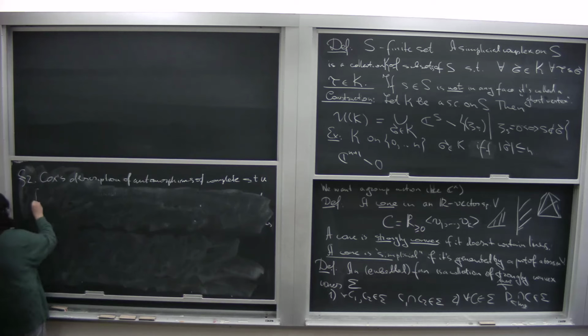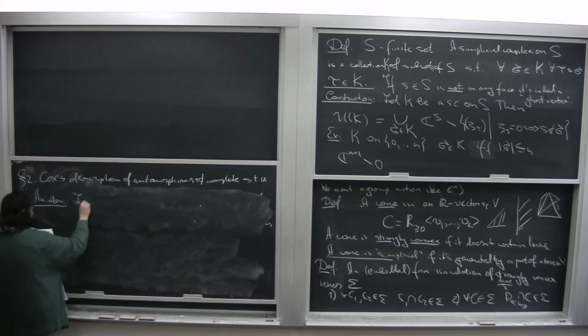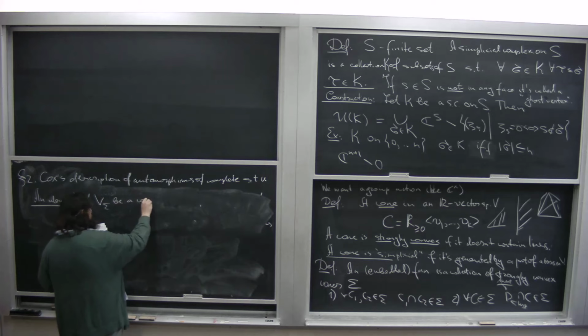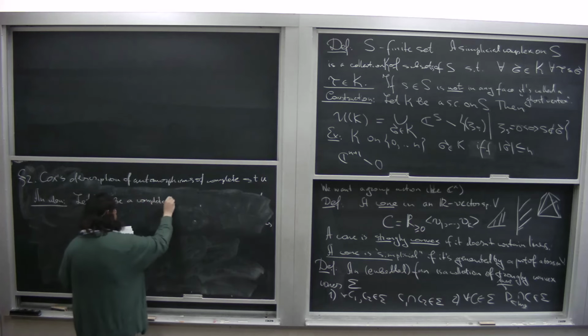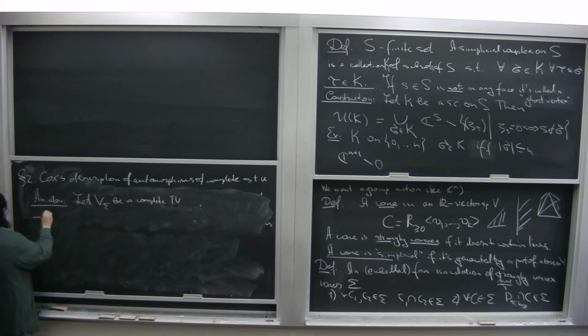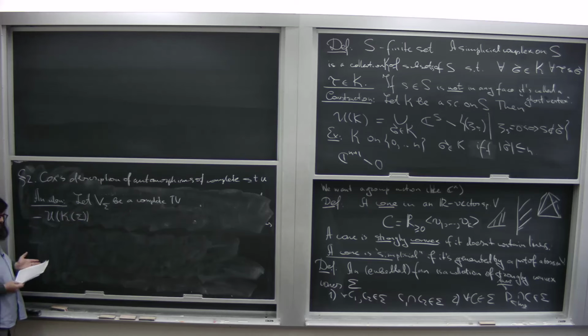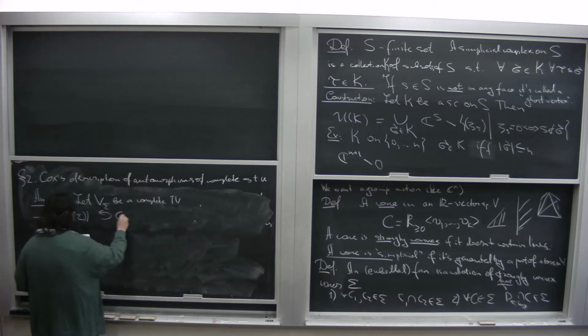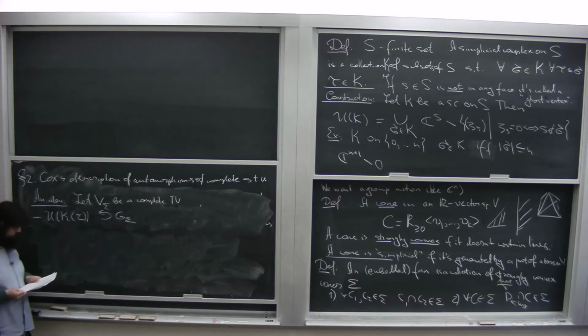So let me outline this approach. Let sigma be a complete variety. So we have this sort of easy quasi-affine variety U sigma, and G sigma acts upon it.